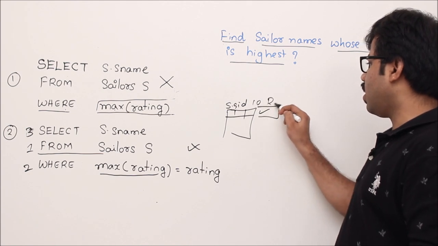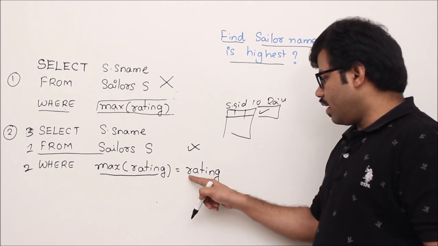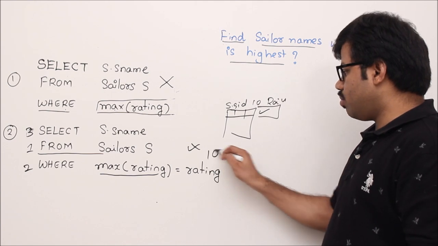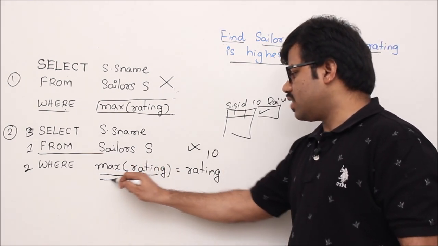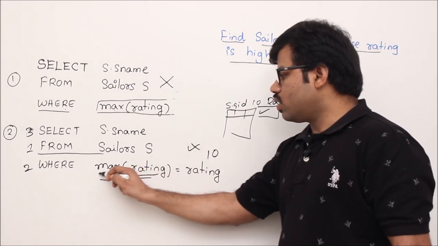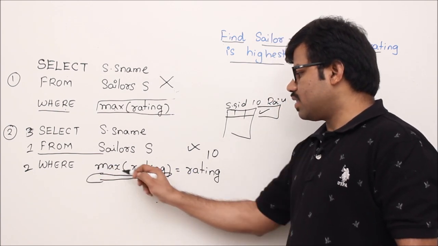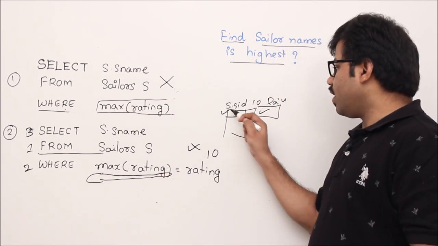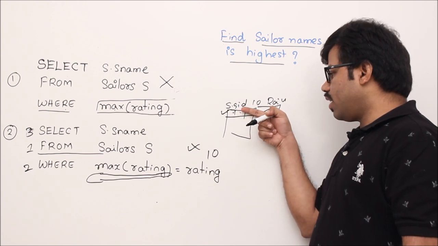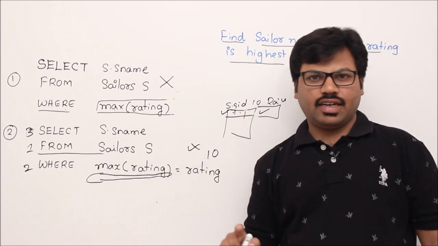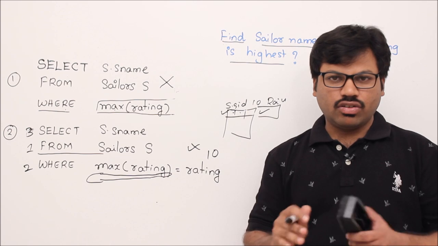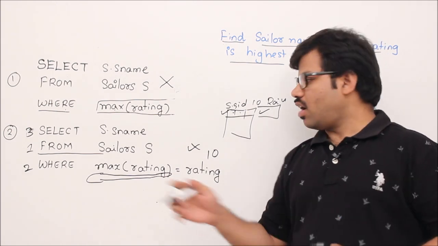He is nothing but Raju. Then rating is 10 for the tuple, but there is no max rating. It is not a good thing to take max rating, because we are evaluating for one tuple, and for a particular tuple you can't have max rating. Max rating will only exist for a table, not for a tuple.